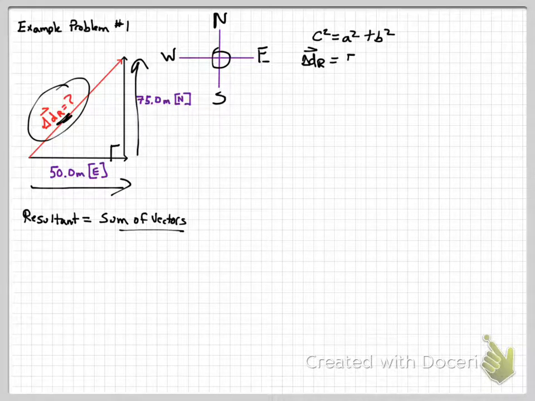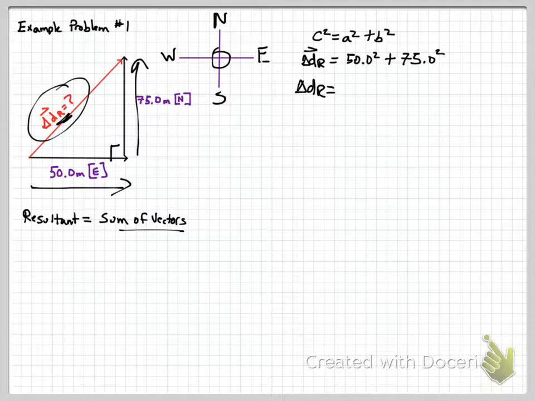And so we have 50.0 squared plus 75.0 squared, and you do that calculation and you're going to end up with a resultant displacement of 90.14 meters.